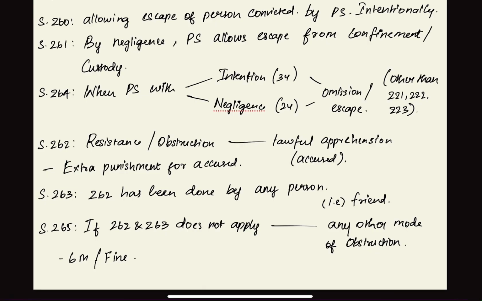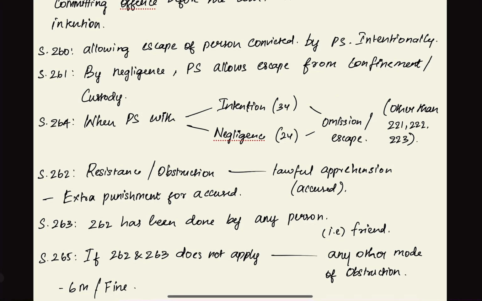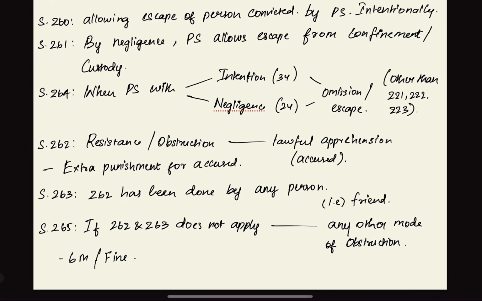The public servants shall also be liable under this section 264. So this section attracts when public servant is not attracted by sections 221, 222 and 223. Only then the public servants shall be liable under this section 264.